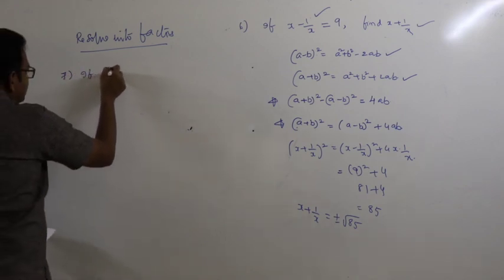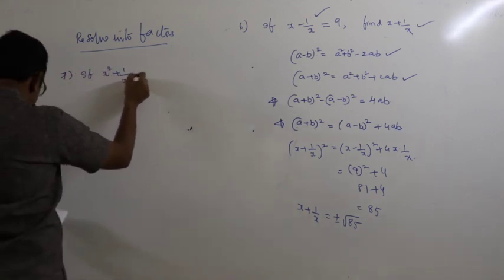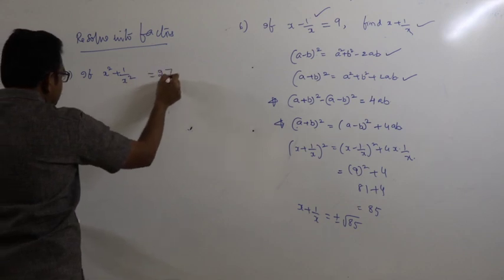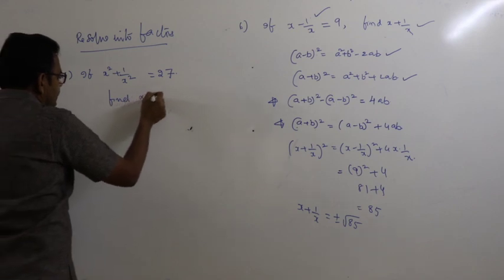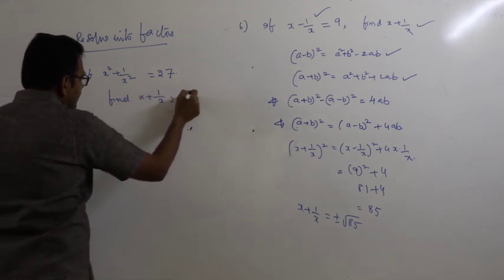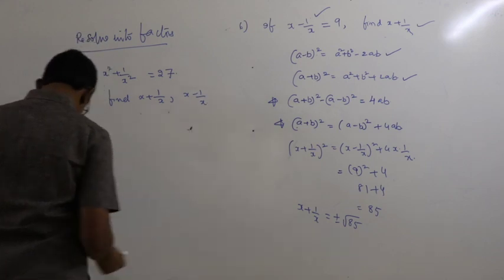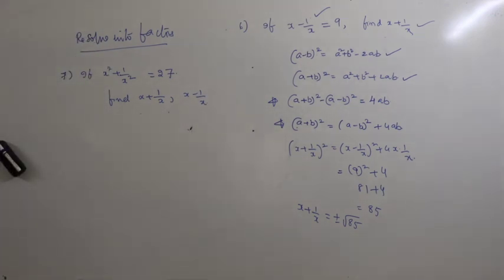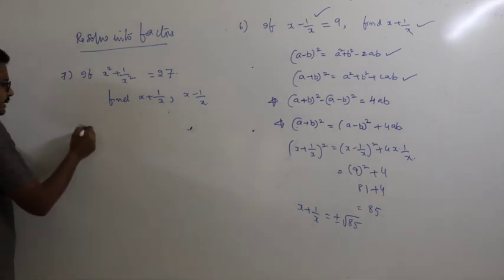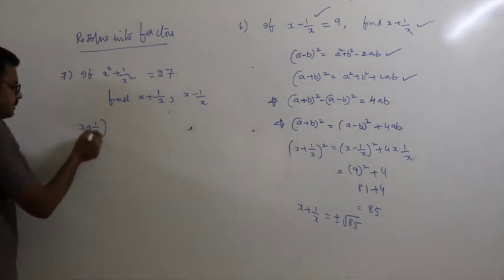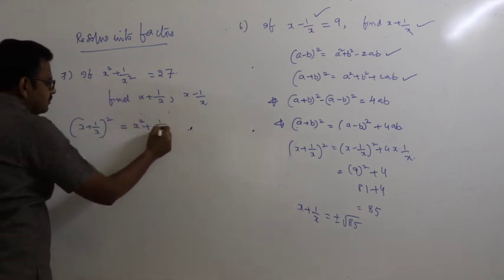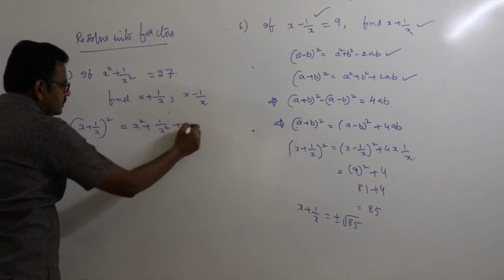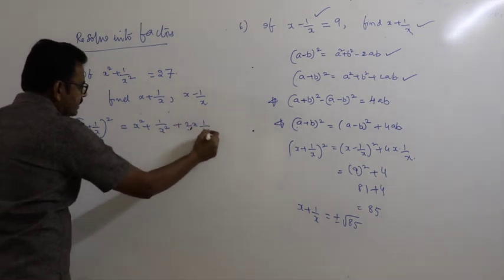If x square plus 1 by x square is equal to 27, then find x plus 1 by x and x minus 1 by x. Now, x plus 1 by x whole square is equal to x square plus 1 by x square plus 2 into x into 1 by x.